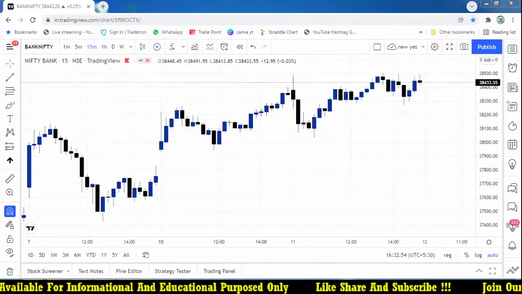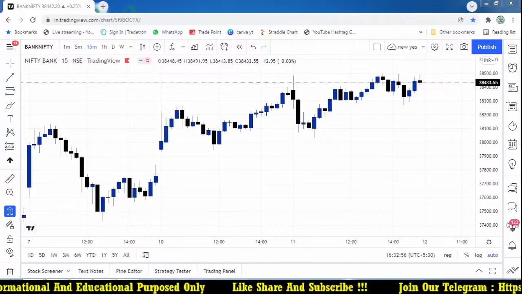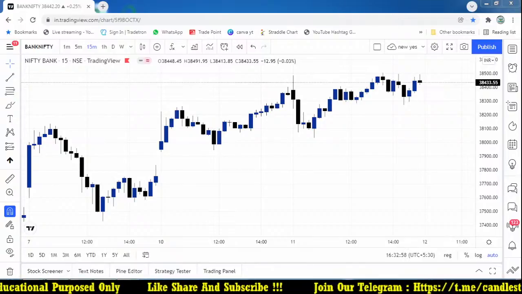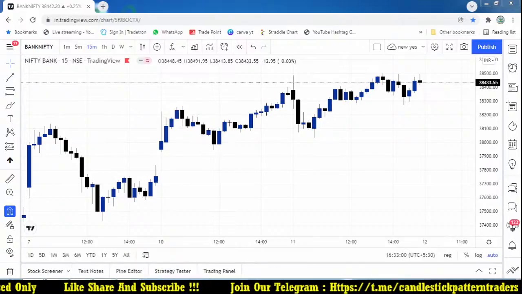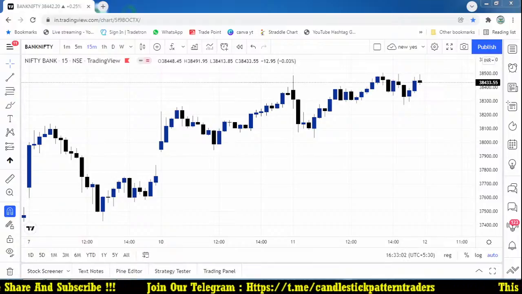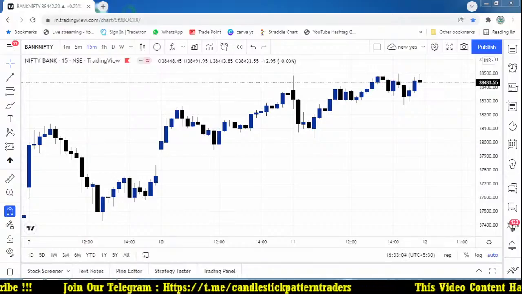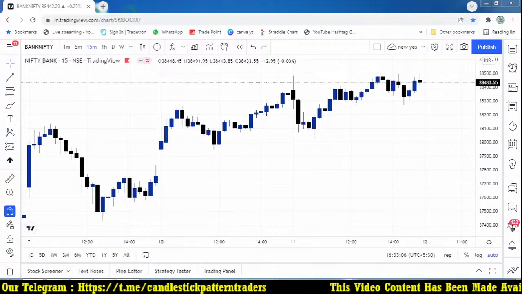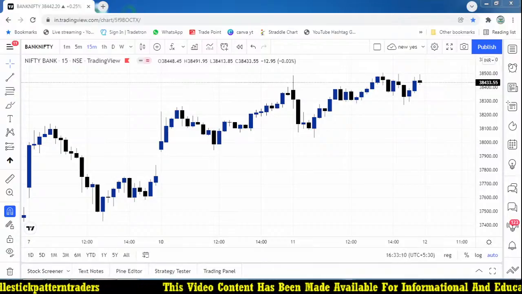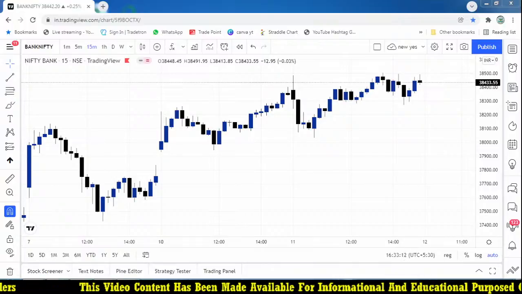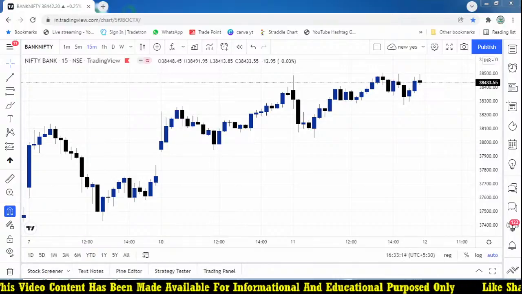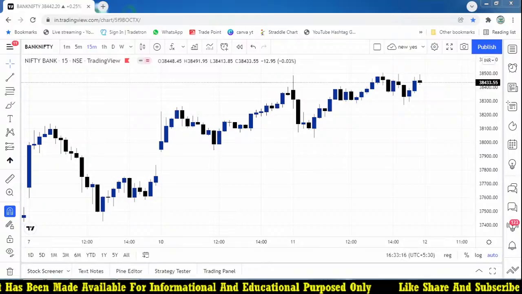A lot of scanners are available, but I back tested some scanners which have good accuracy. My stop loss should be very small if I am making an intraday trade, right? That is my main idea. Such scanners and screeners I am providing you free of cost.